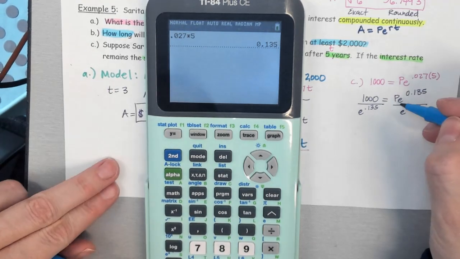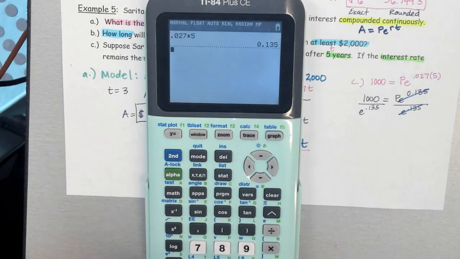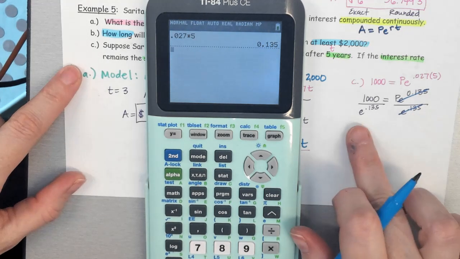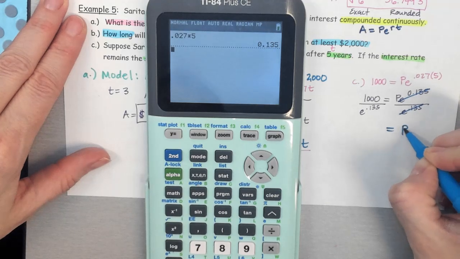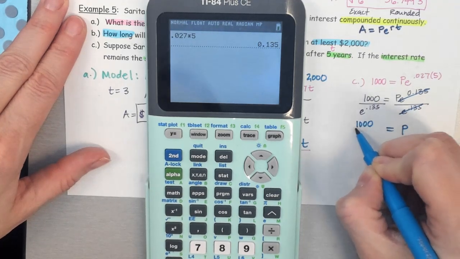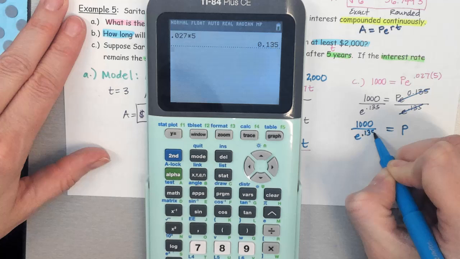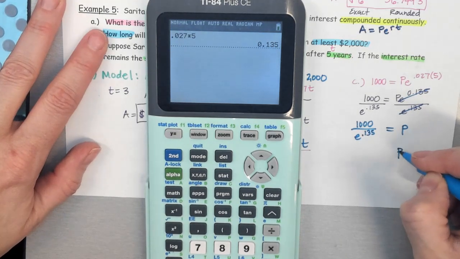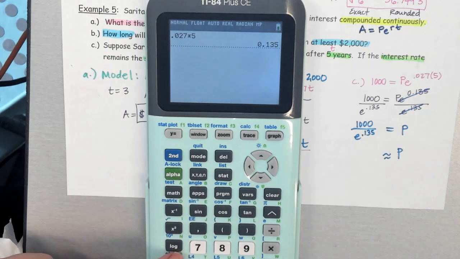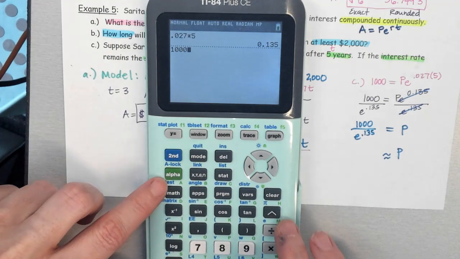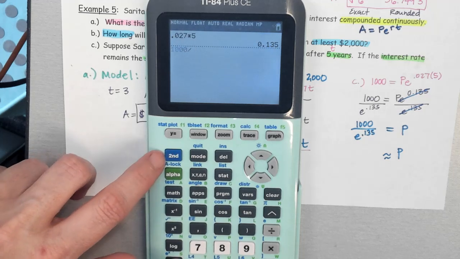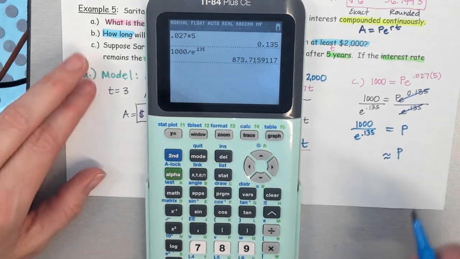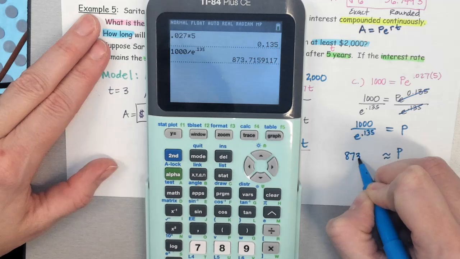Because what that would do is cancel out. And the reason why we don't have to is because now our exponent is not a variable. It's a number. So this is just going to be a number. So the value of P is 1,000 divided by e to the 0.135. That's your exact value. And then let's find what our decimal is going to be. And again, we're going to round to the nearest cent.